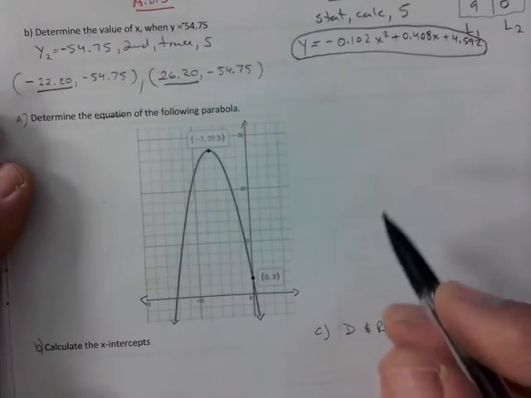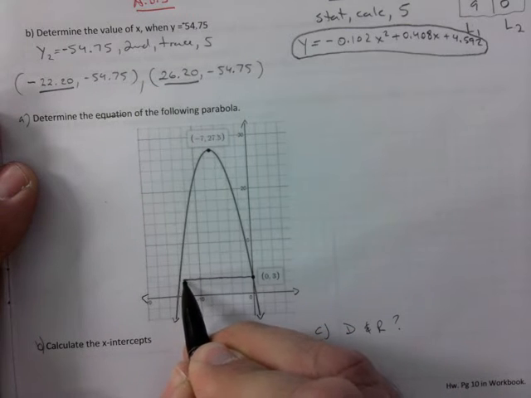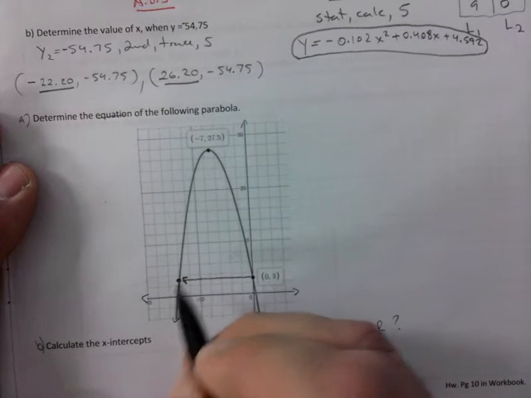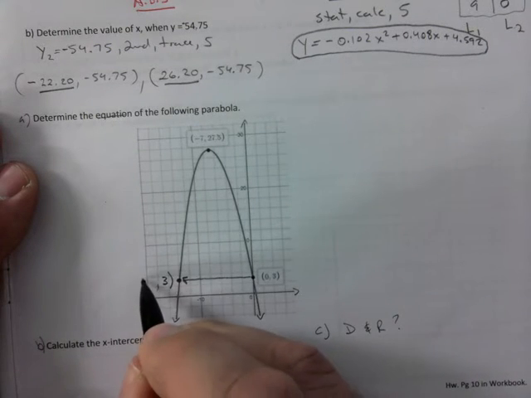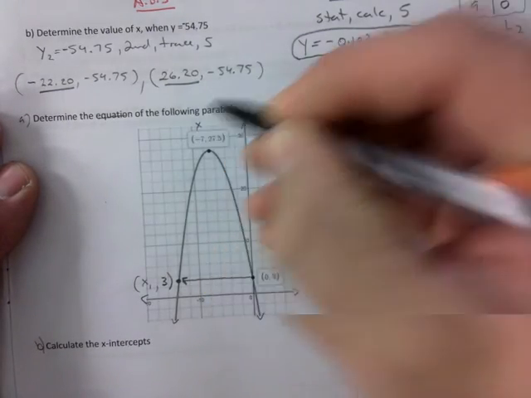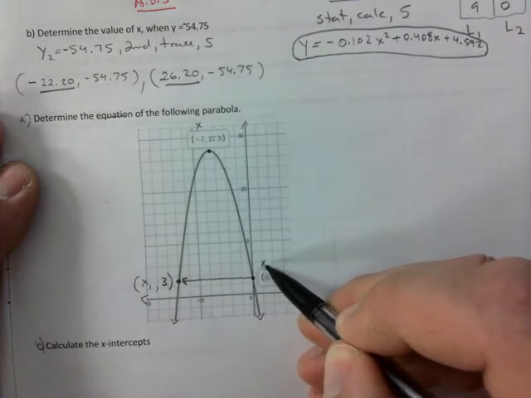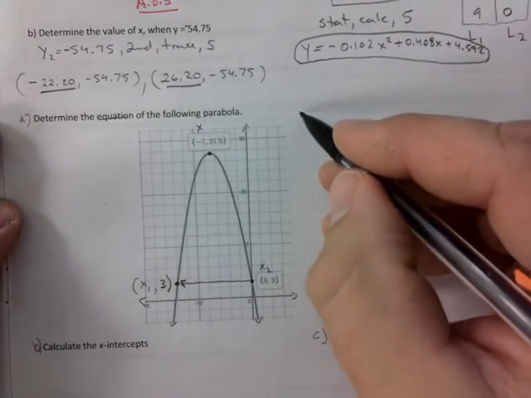So what does that mean? We need to find this point right here. We know that this point has a y value of 3, and we don't know the x value. I'm going to call that x1. So this would be x1, and therefore this is x2. Right? So let me find it up here.